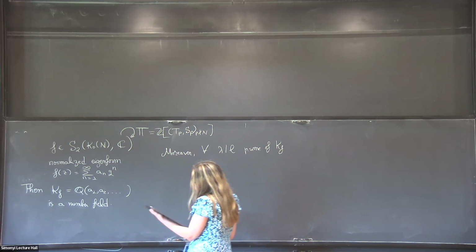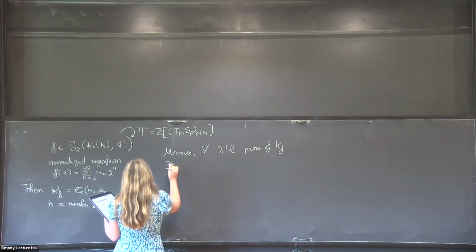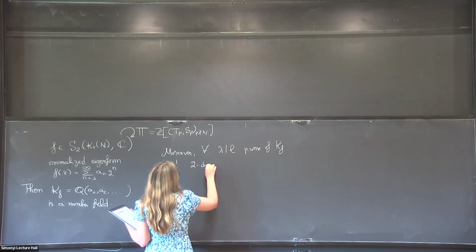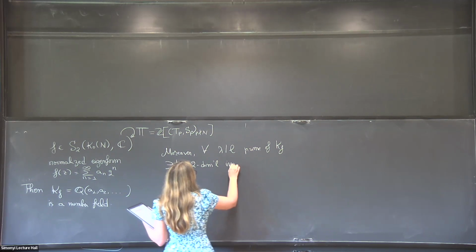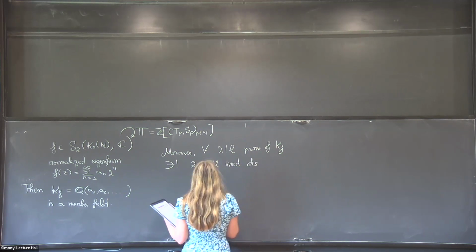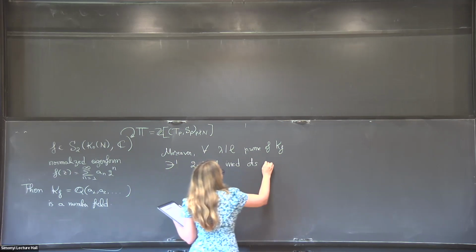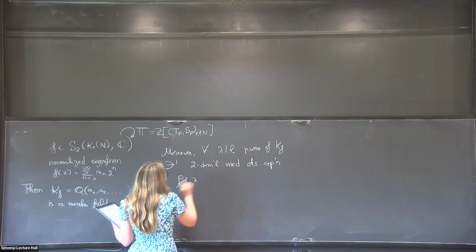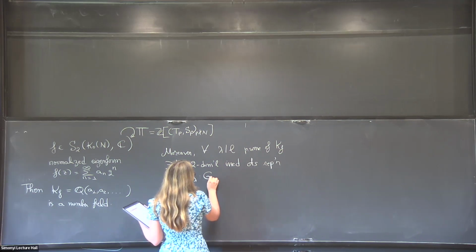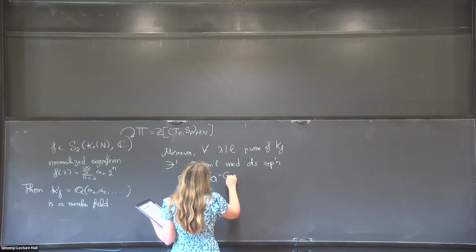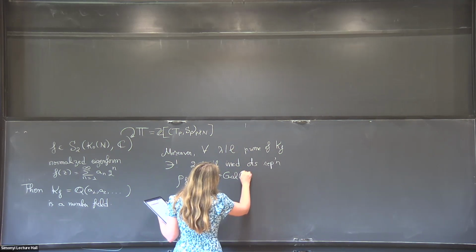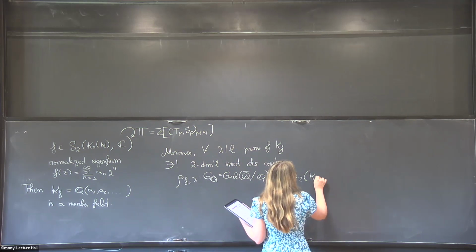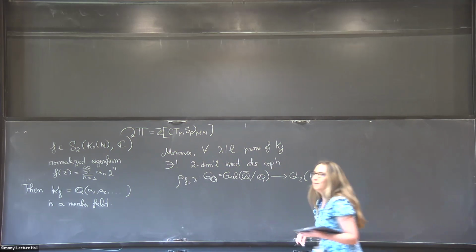there exists a unique two-dimensional, irreducible, continuous representation that depends on the modular form f and on the prime lambda, and it's a representation of the absolute Galois group of Q, valued in K_{f,lambda}, which is an l-adic field.